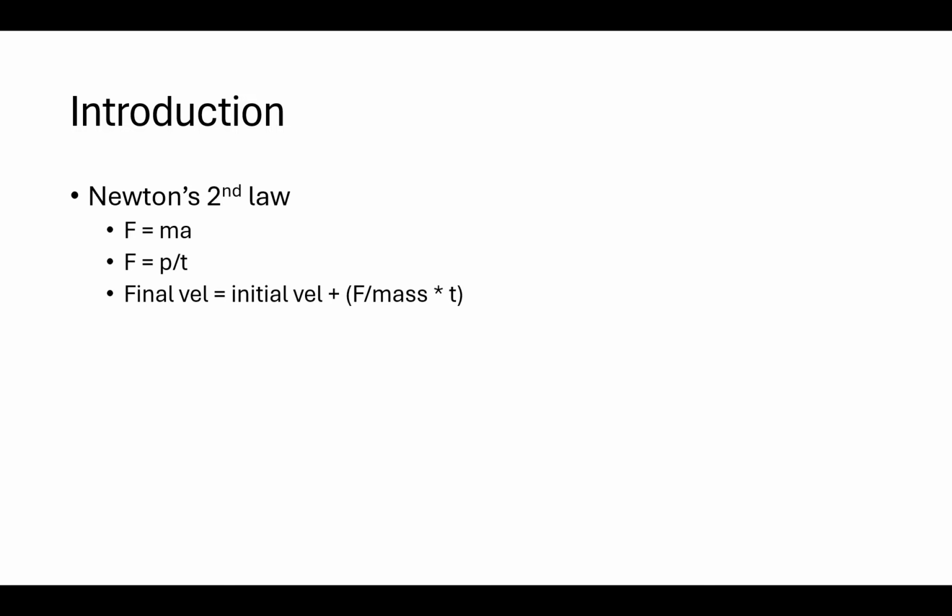Further interpreted as mass times final velocity equals mass times initial velocity plus net force times change in time, which would give us our velocity update formula: final velocity equals initial velocity plus net force over mass times change in time.